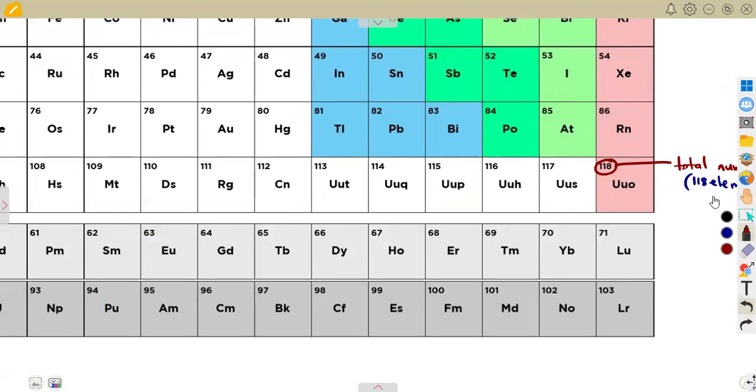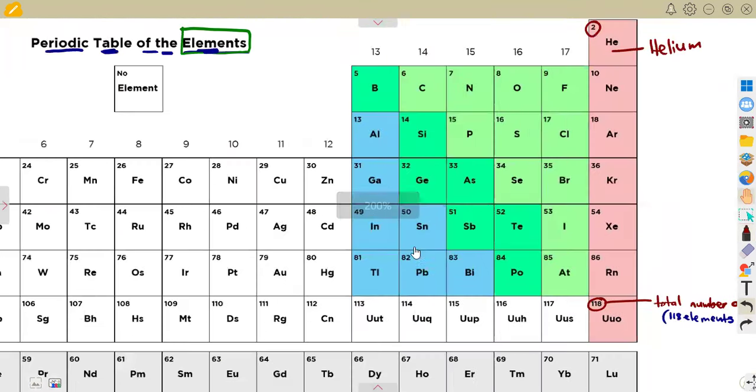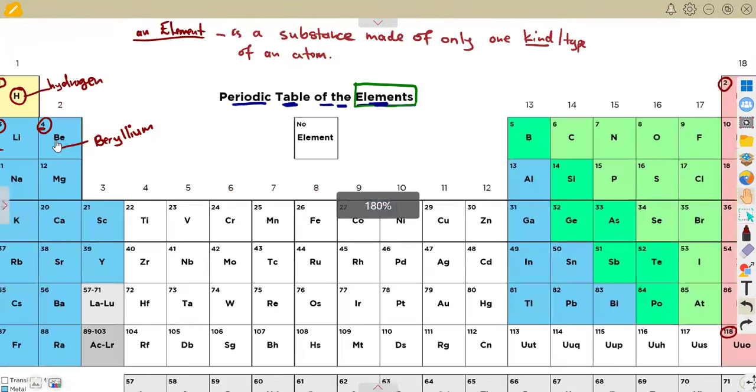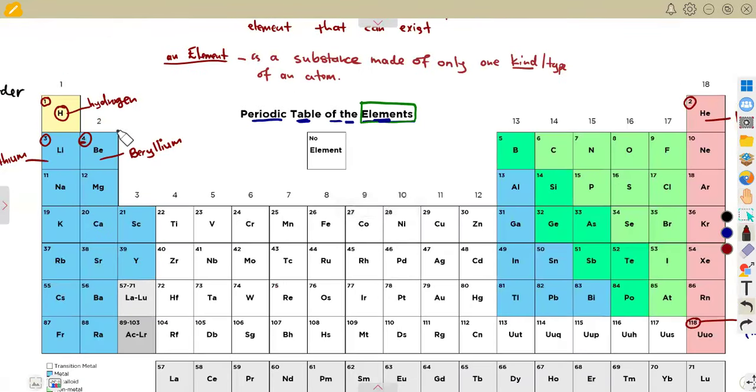If you look at the rows, that is where we are talking about the presentation of the elements.